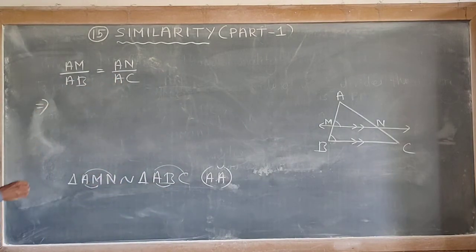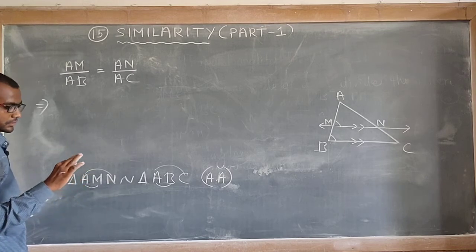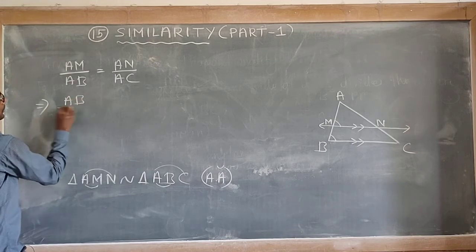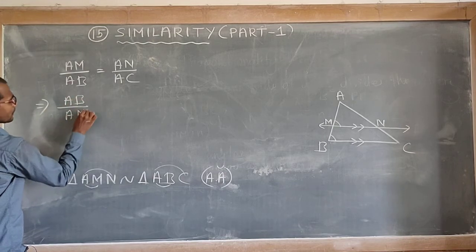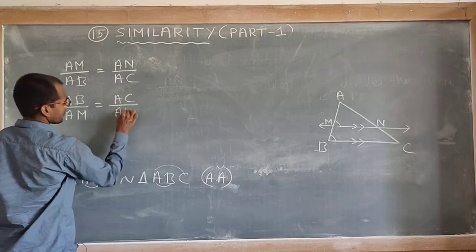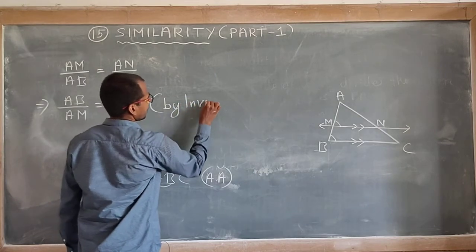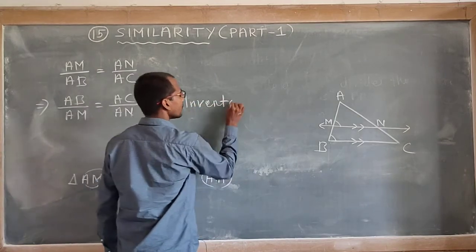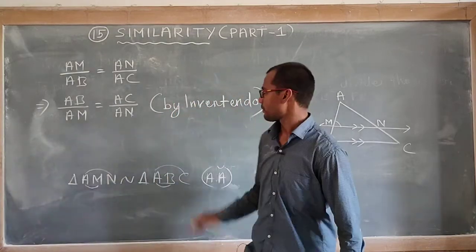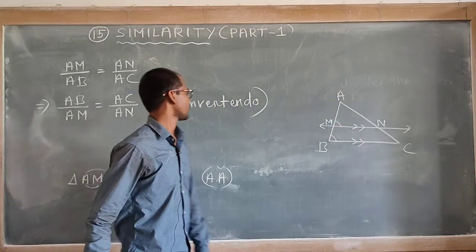Now let us take invertendo: AB by AM is equal to AC by AN. We have already studied what invertendo is in ratio and proportion. Invertendo means reciprocal. I have taken the reciprocal.